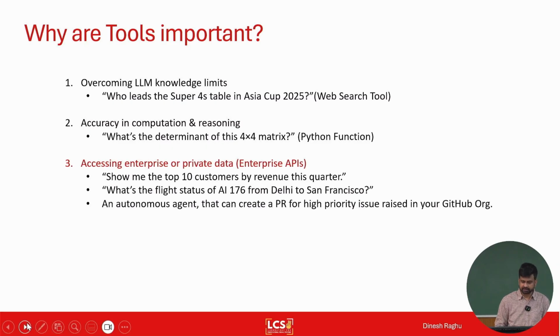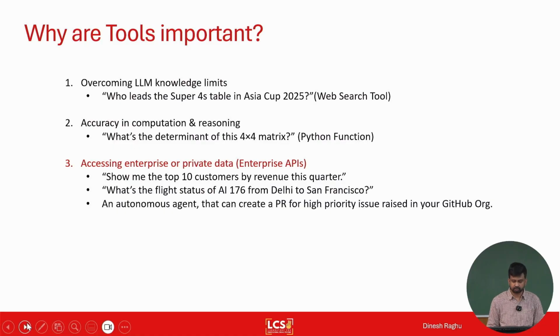So let's see a slightly more real world use case, right? Let's say that you're in an enterprise setup and you likely have a lot of knowledge in your database, a lot of knowledge stored in multiple sectors in your org, and most of these APIs and data are not available out in the public, right?